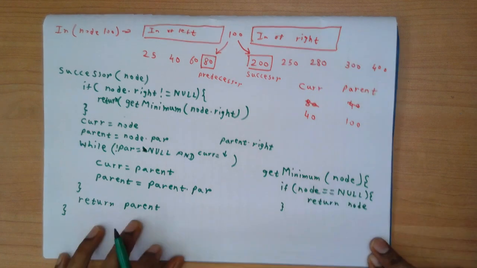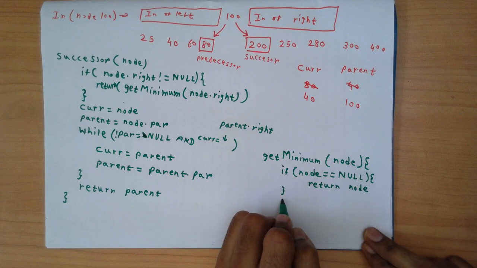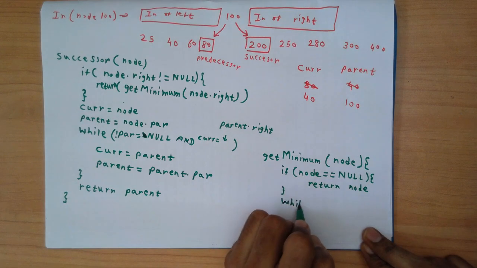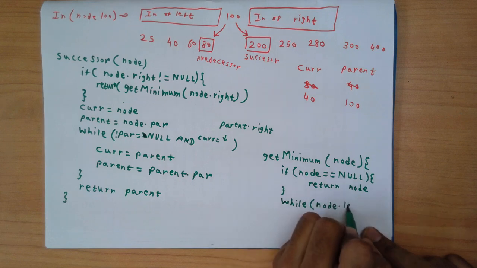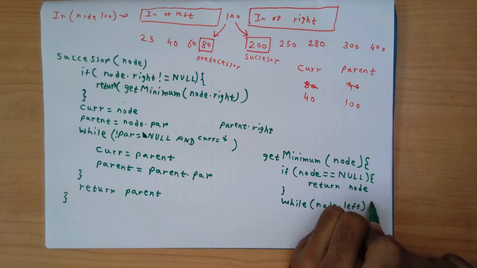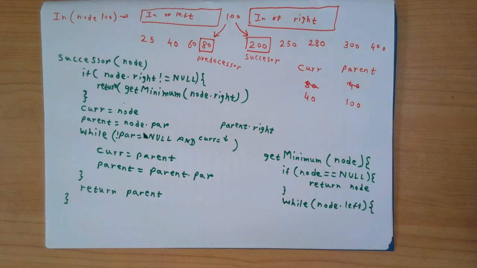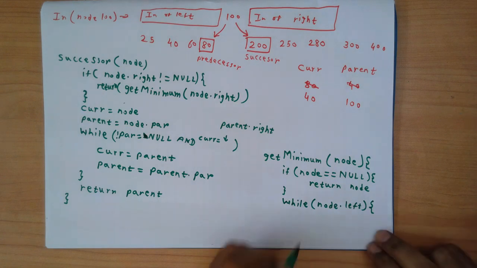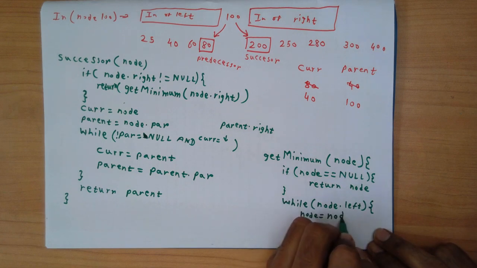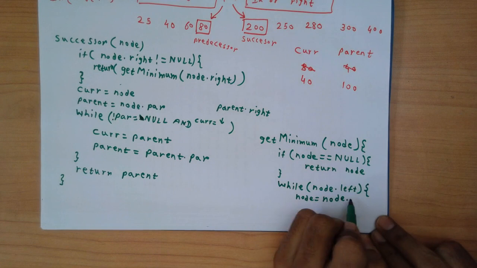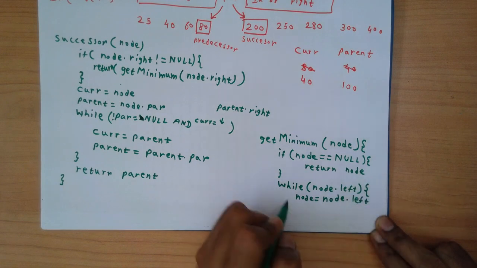Otherwise, while I can find node dot left, you are going to go to the left, and we'll simply say that node will be equal to node dot left.